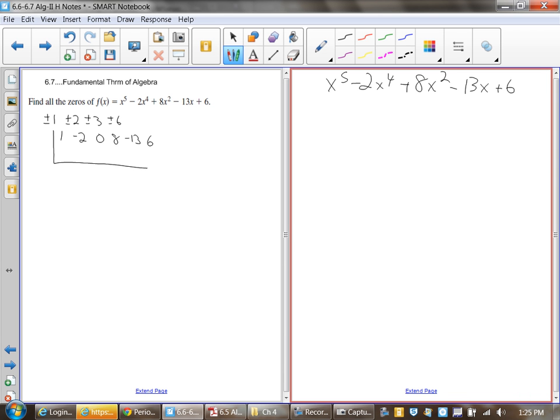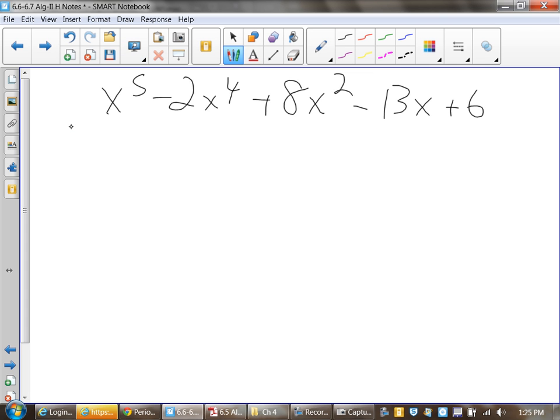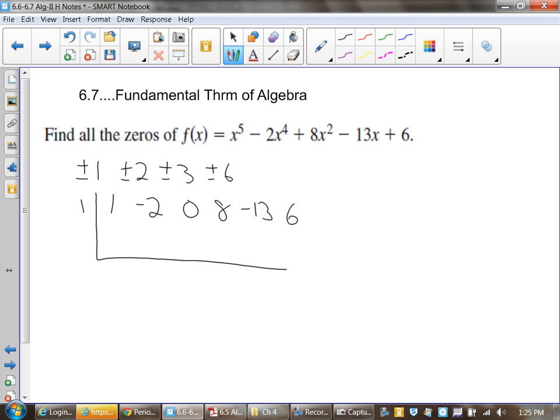What's the easiest one to start with as we're working through? 1. So let's use synthetic division again and start with 1. Drop the 1. And we're happy. You agree? So I know that 1 is a 0.